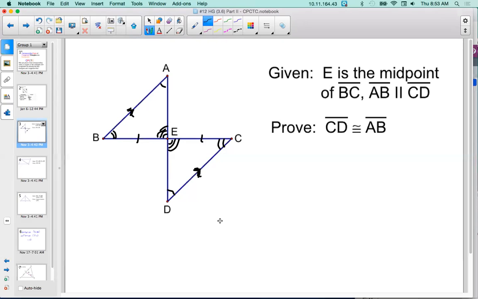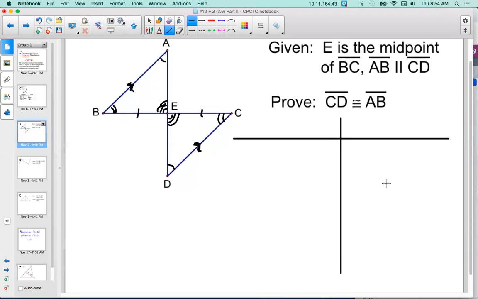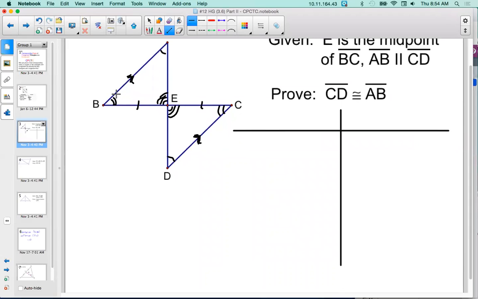Okay, let's go ahead and write out our proof here. So I'm going to try and make this a little neater. All right, so statements, reasons. I'm going to start off with my given information.